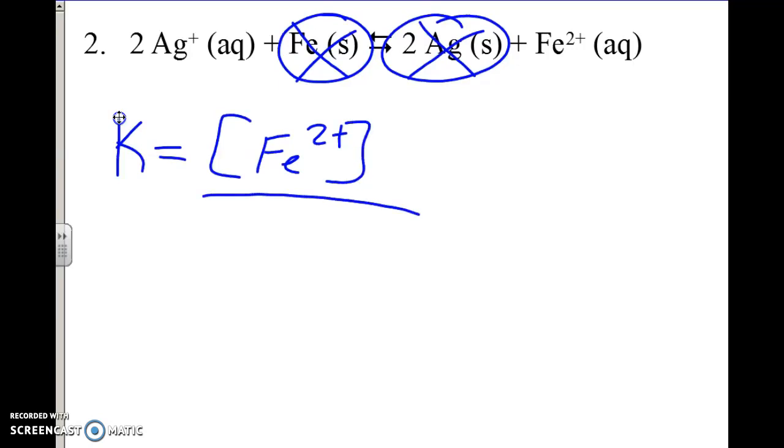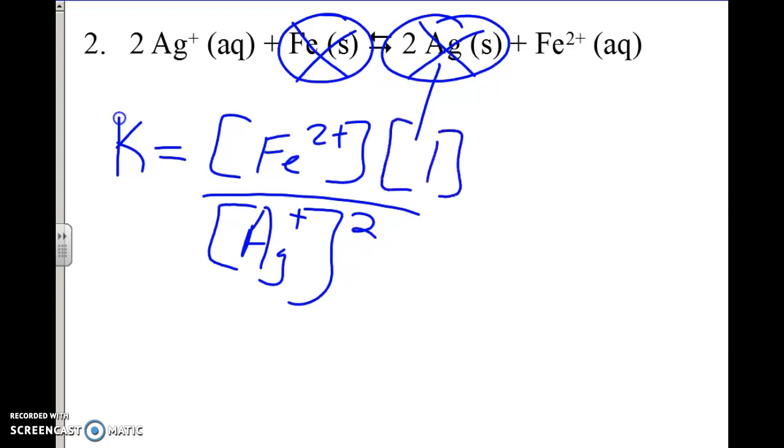And then on the bottom we'd have Ag+, and the exponent for that would be 2. So that would be our equilibrium expression. If you wanted to, you could bring this down and you could go a 1 if you wanted to, and down here go a 1 if you wanted to, but it would not be necessary.